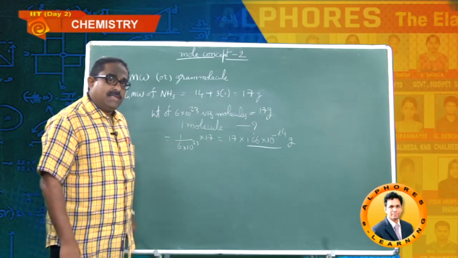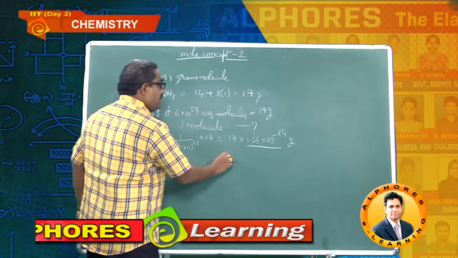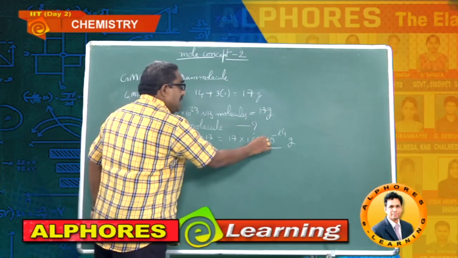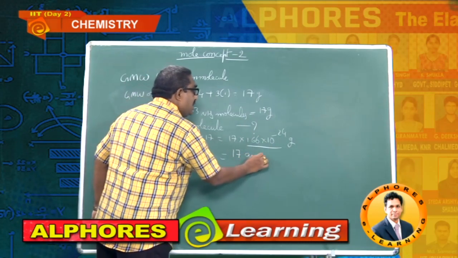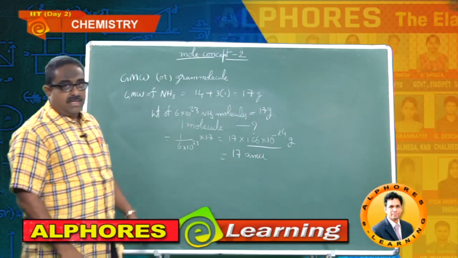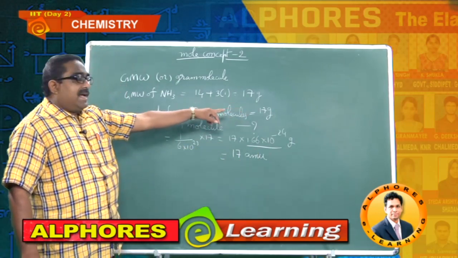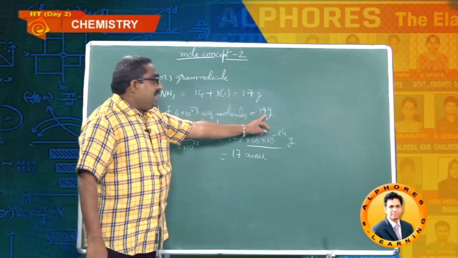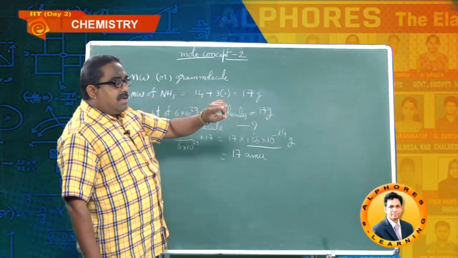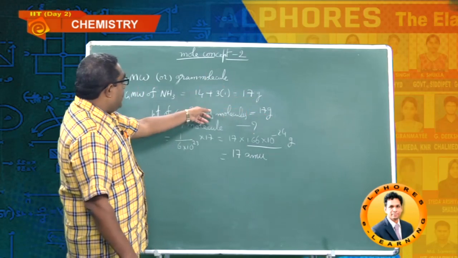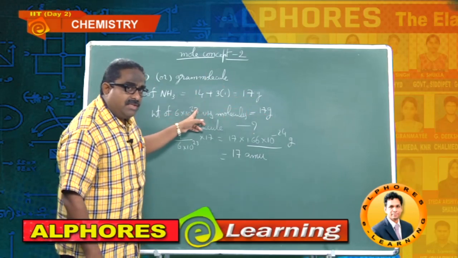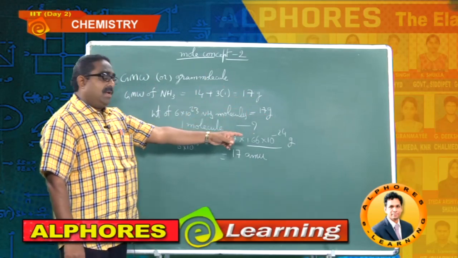Yesterday we discussed this in the previous session. Now, instead of this I can write simply 17 atomic mass units. See once again the difference: 17 grams is the gram molecular weight of ammonia, that is nothing but the weight of 6 into 10 power 23 ammonia molecules.